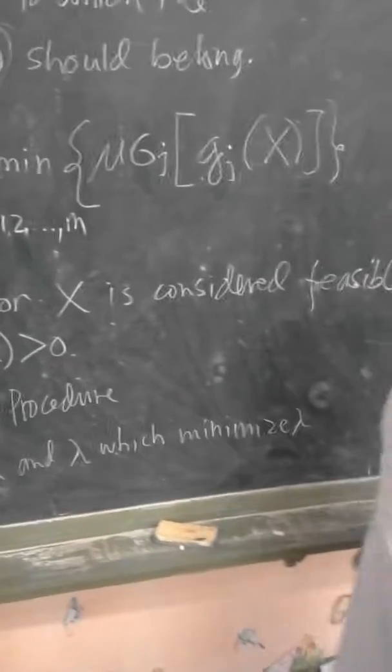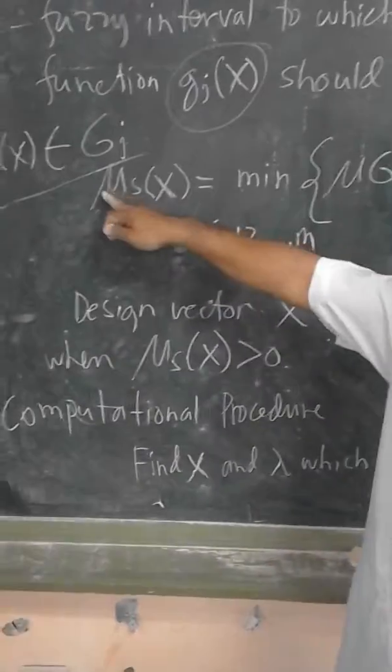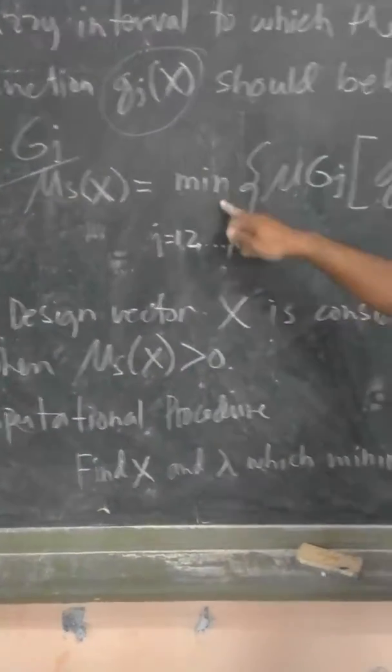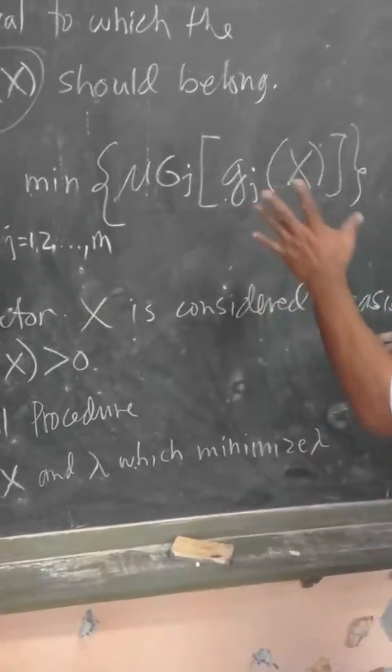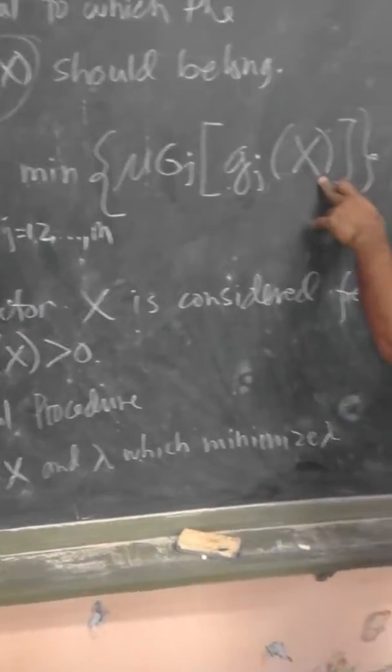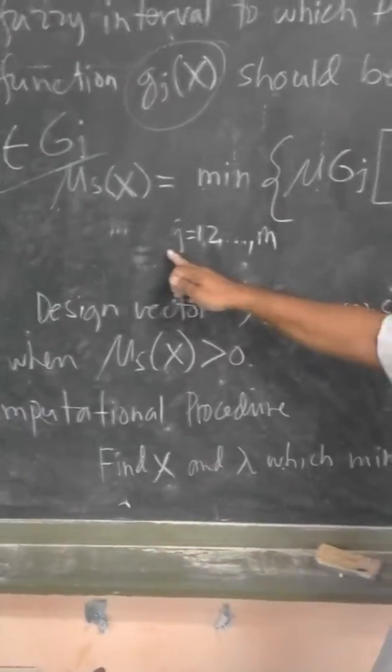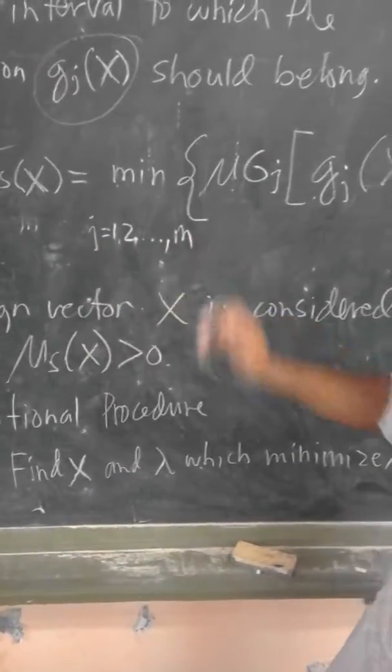Then we have the membership function of x with respect to S, which is equal to the minimum of mu sub j of G times g sub j of x, where j is equal to 1 to m.